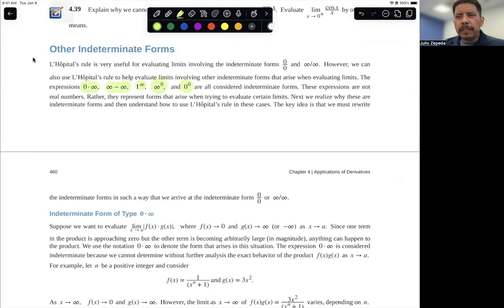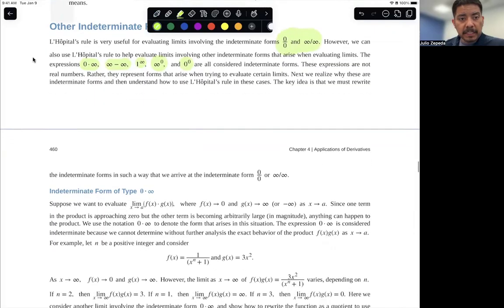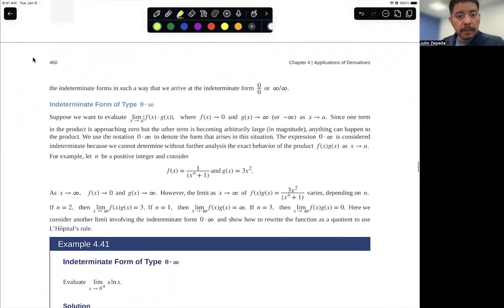Now, these are not forms where we can apply L'Hopital's rule right away. We need to do some sort of algebraic manipulation to convert them to these 0 over 0 or infinity over infinity forms, so then we can apply L'Hopital's rule. Okay, that's exactly what that says there.